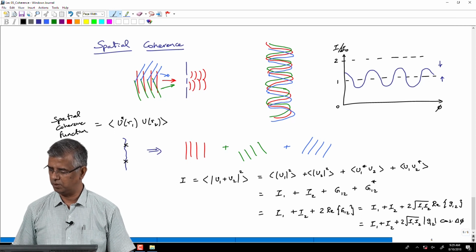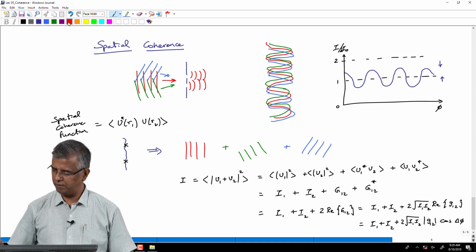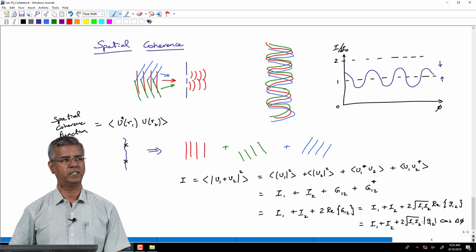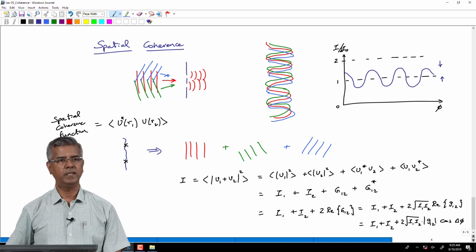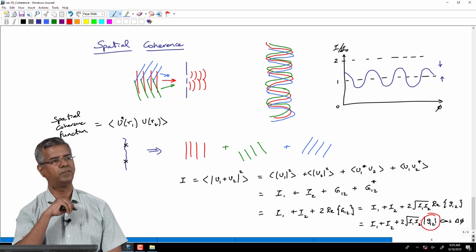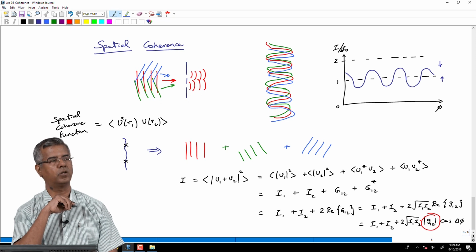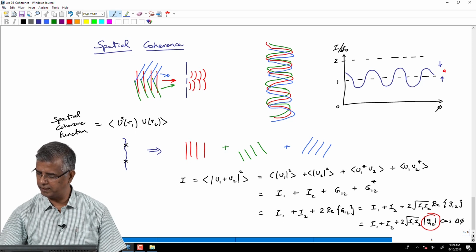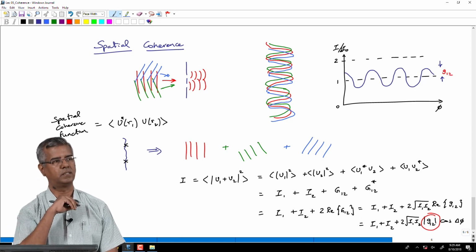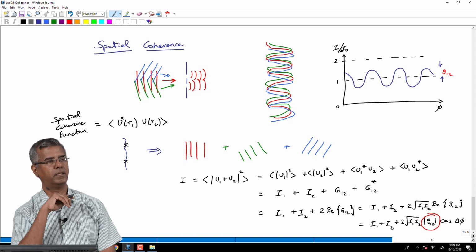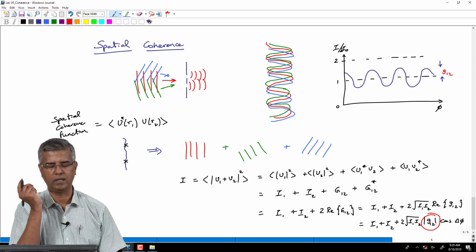So what is the new thing here, compared to our previous discussion? This factor comes into the picture, and if you look closely, it is the fringe contrast. The degree of coherence provides the fringe contrast.